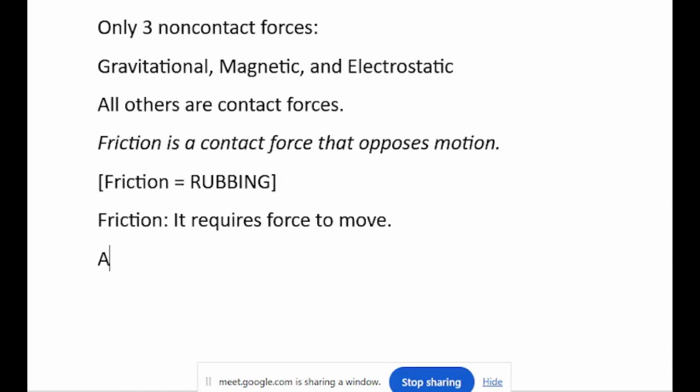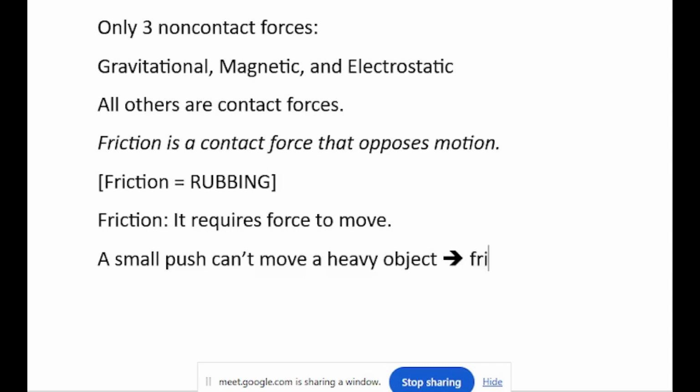A small push cannot move a heavy object. It is very heavy, a light push will not work. Why? Because friction opposes.